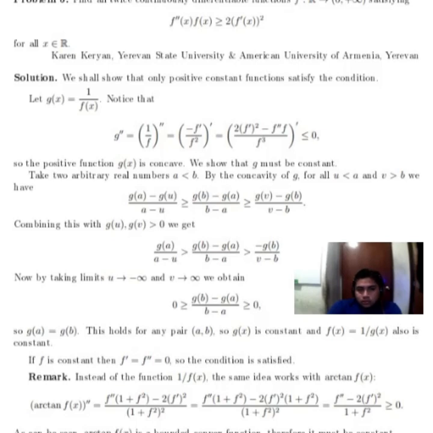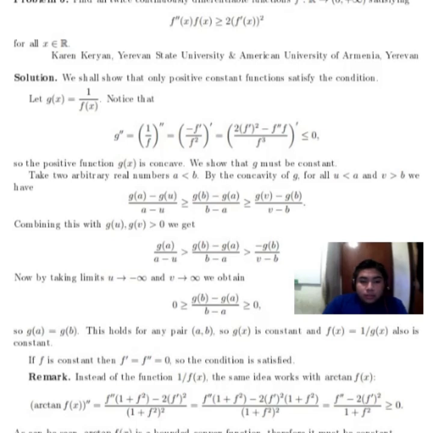We have (g of a minus g of u) over (a minus u) is greater than or equal to (g of b minus g of a) over (b minus a), which is greater than or equal to negative g of u over (b minus u).